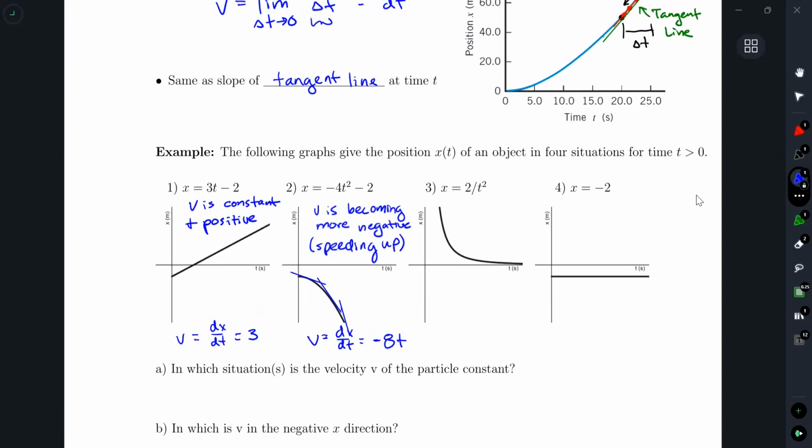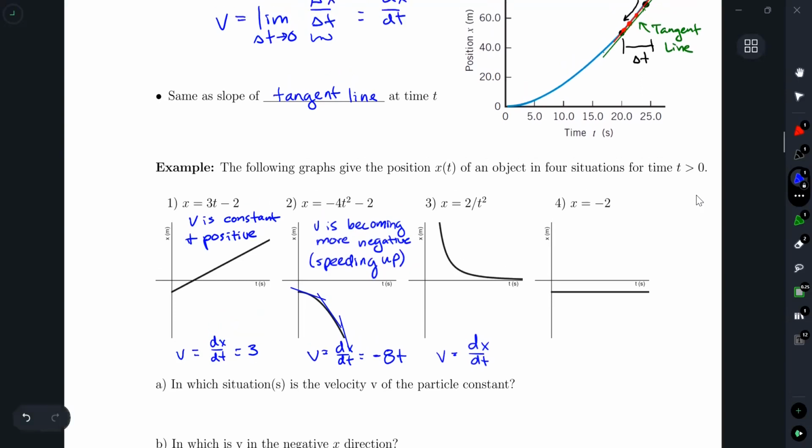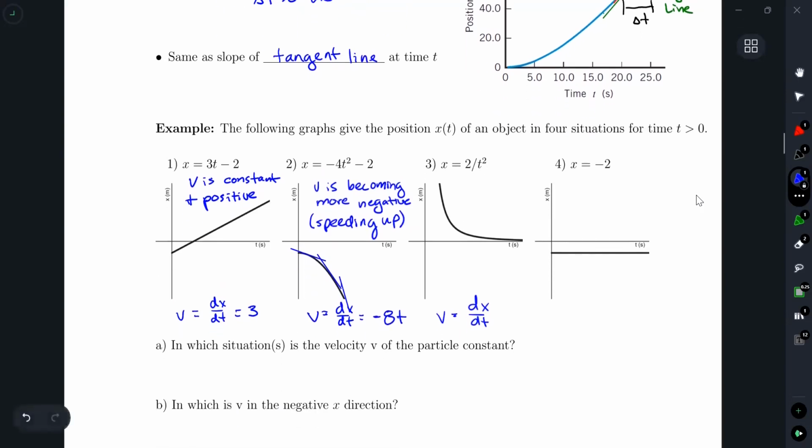Okay, yet a third person. Tell me about the velocity in this case. I said negative 1t. Okay, so we've got 2 over t squared. Come out over here. That's 2t to the negative 2. When you take your derivative, how did you do that?